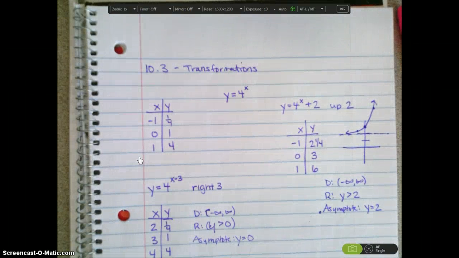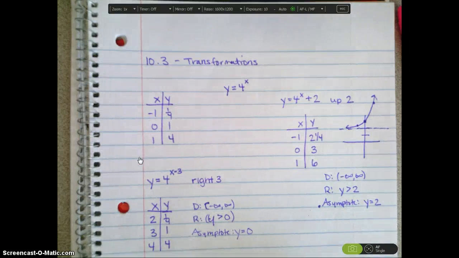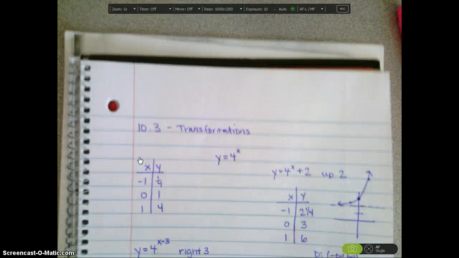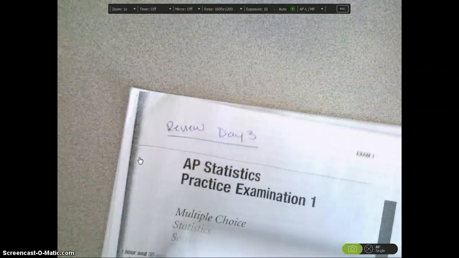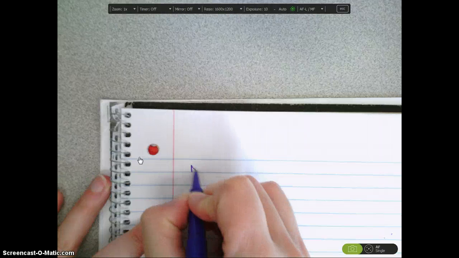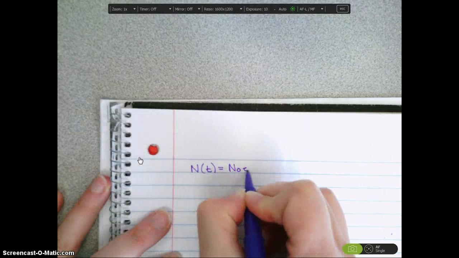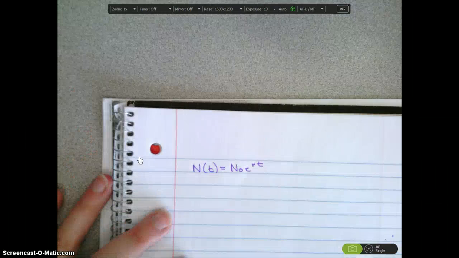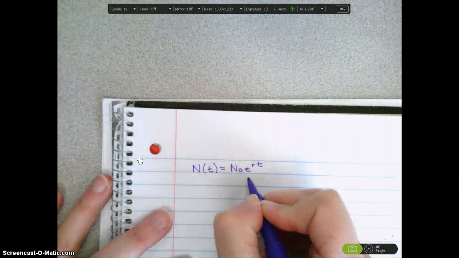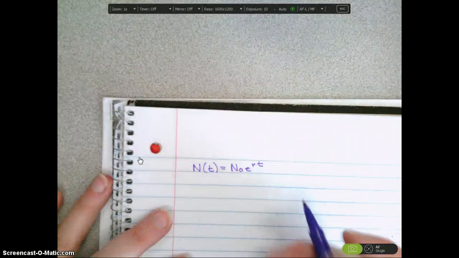Those are the things that we've covered in terms of characteristics of graphs. The only other thing that we talked about in this chapter was continuous growth. And we looked mostly at continuous growth when we were looking at population growth. We saw this equation given to us, and we learned that e was just a number.